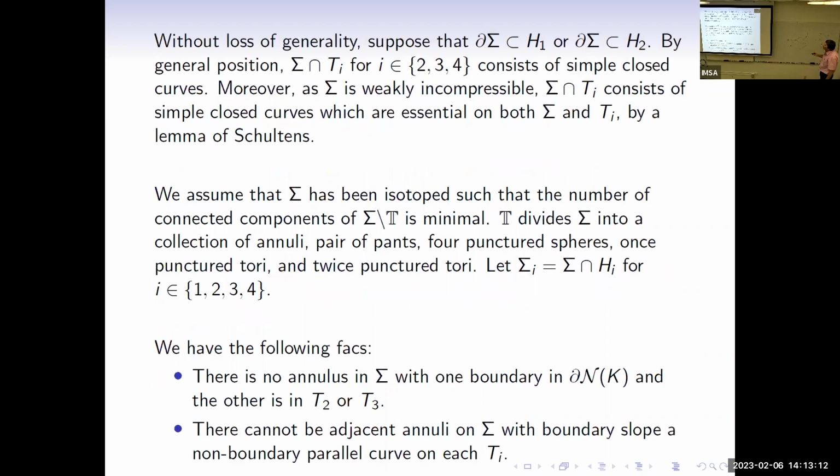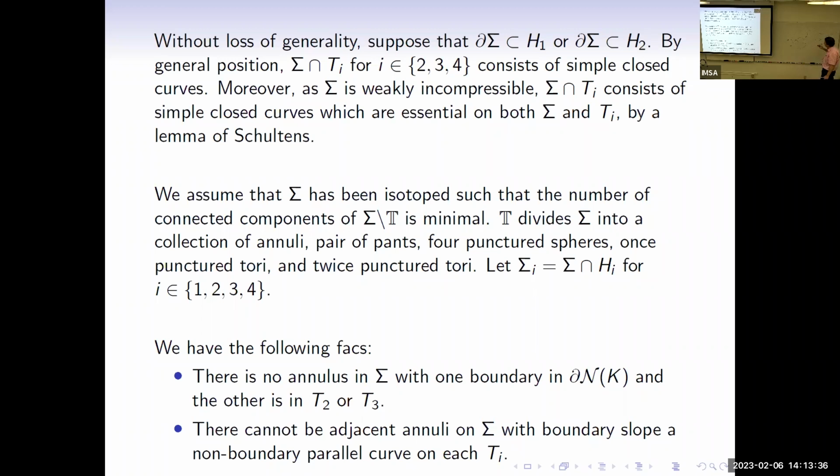Then yeah, and then we saw, okay, suppose it intersects all surfaces, no? Then we can assume that the boundary of the surface lies in H1 or H2, within those intervals.